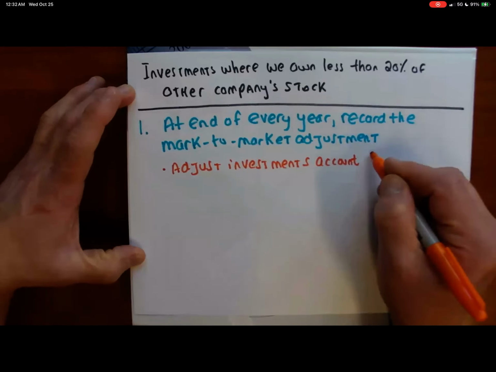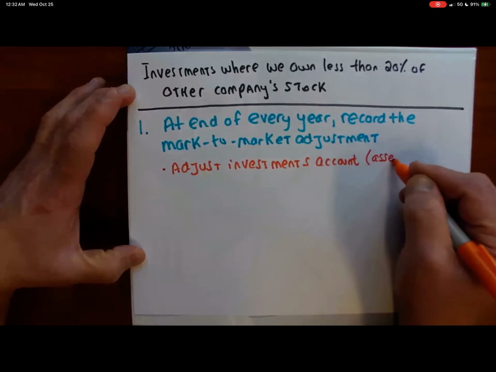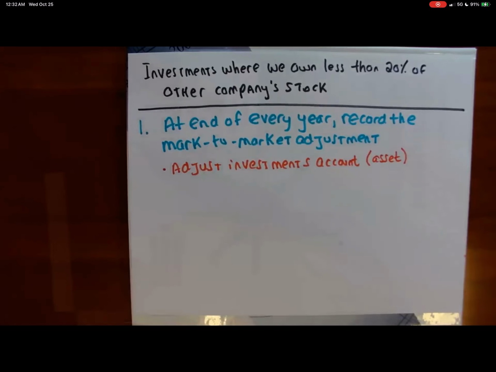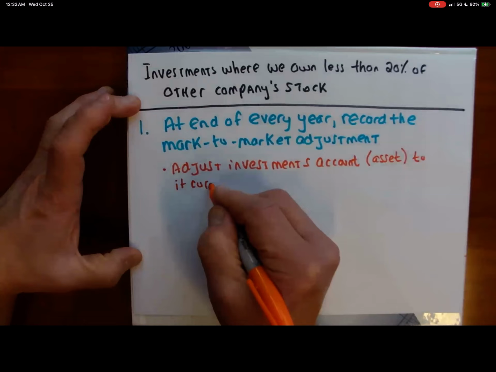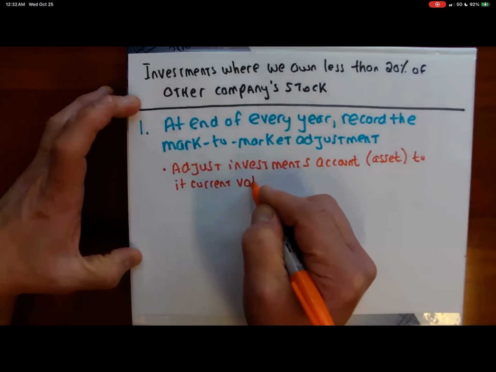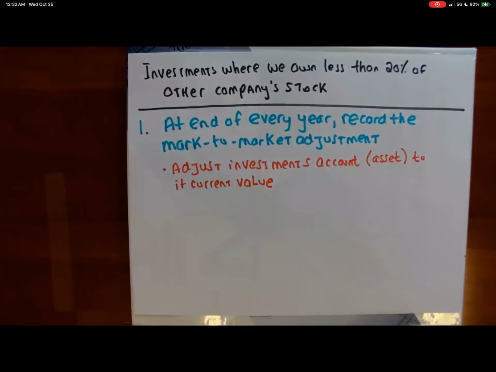And I do think maybe in our notes, let's put here that is an asset. We'll adjust the investments account to its current value. And immediately we should recognize this is an exception to what we have learned previously.